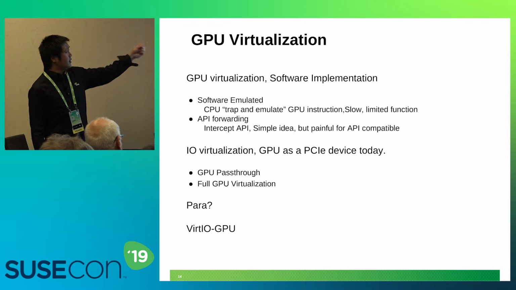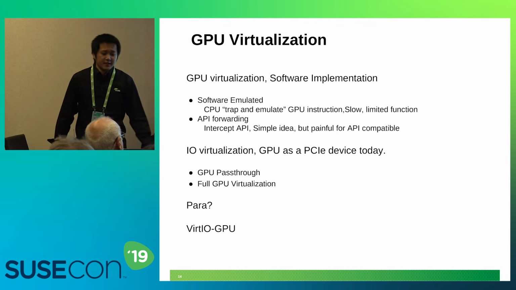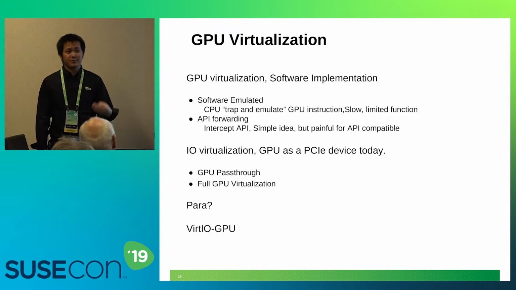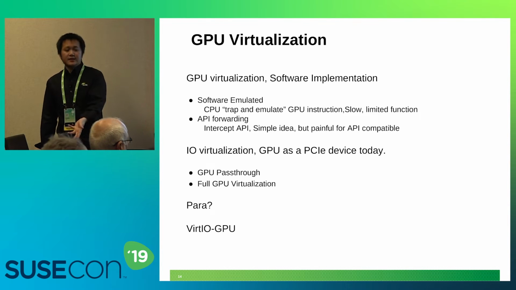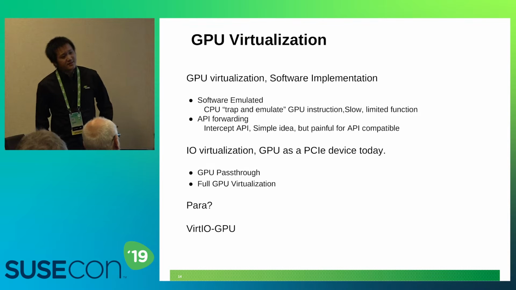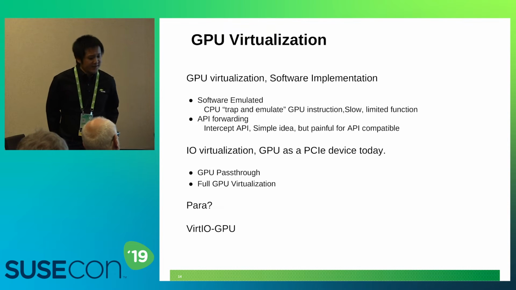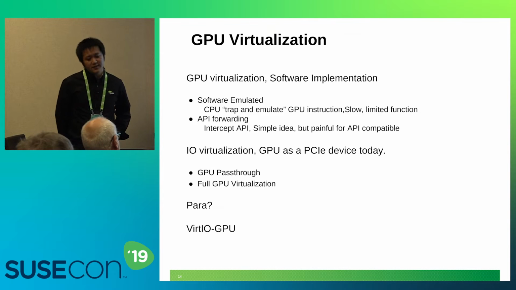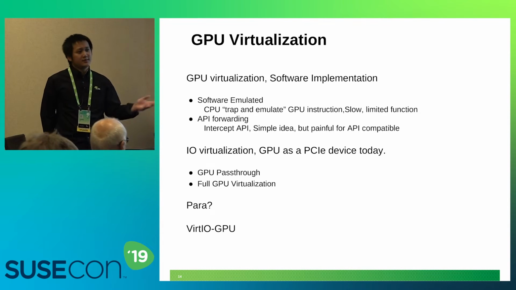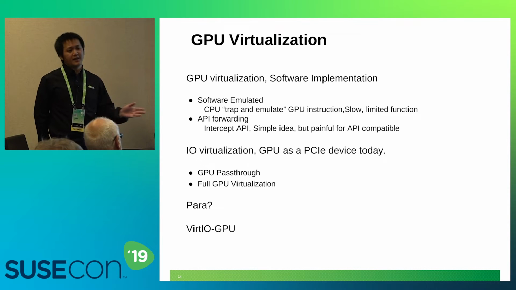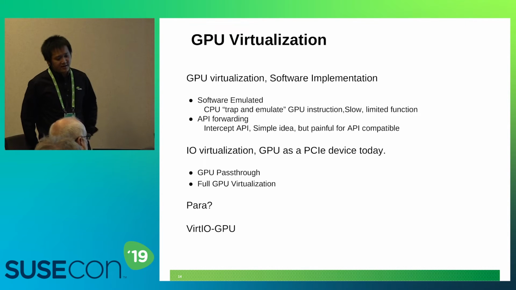For the software way, earlier they were using the CPU. The CPU traps all the instructions, emulates them, and then sends them back. It's easier, it's doable, but it's super slow and quite limited. You don't want it. Maybe you can use it for some widget stuff, but you don't want to use it for any real work.